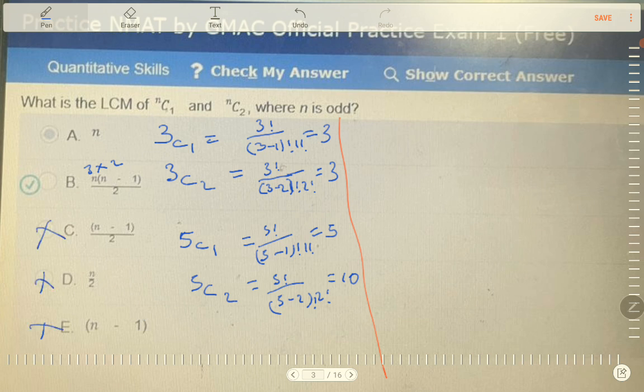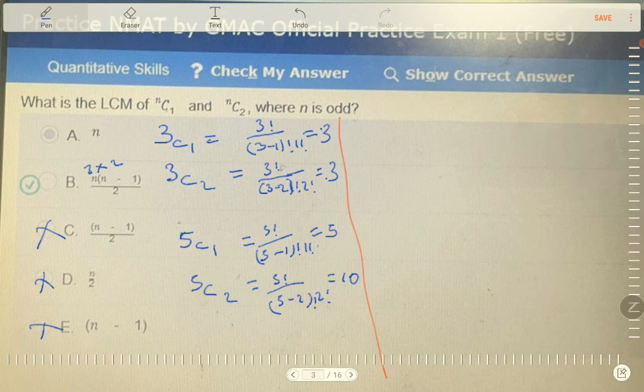So now let's use 5 combination 1 to test A and B, which one is consistent. In 5 combination 1 and 5 combination 2, so here is 3, but here 5 combination 1 is 5, and 5 combination 2 is 10.